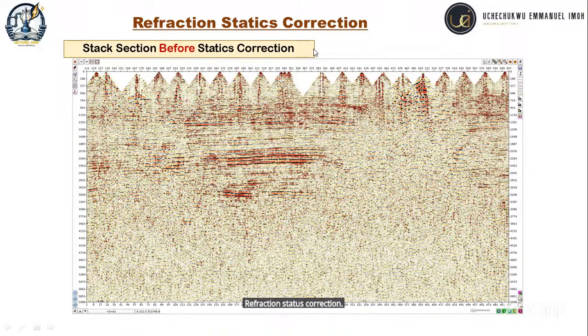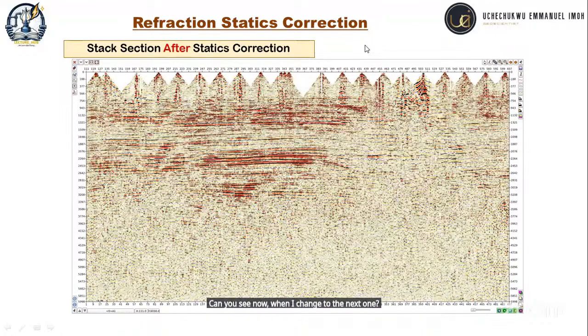The subtitle, please. Stack section before statics correction. Can you see now when I change to the next one? I don't really notice any change. Read the subtitle again. Stack section before statics correction.